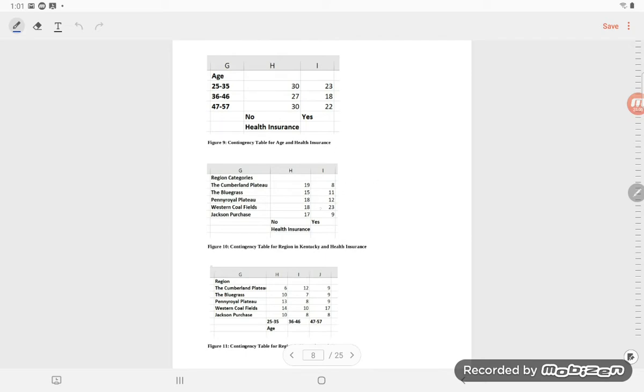Again, here we see health insurance and region, and if you look, it looks like Western has a better situation with health insurance, right? This looks like there's definitely a dependency between where you're from and whether you have insurance. And that's good to note, okay?